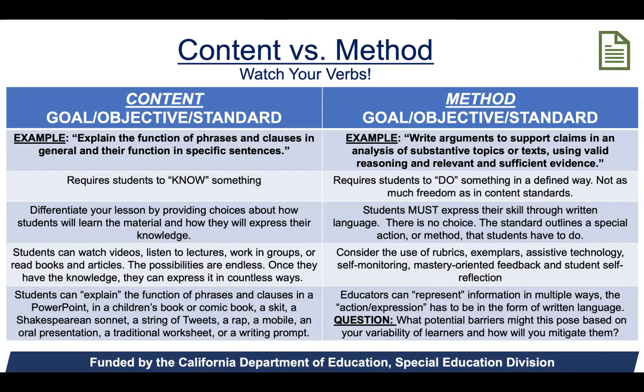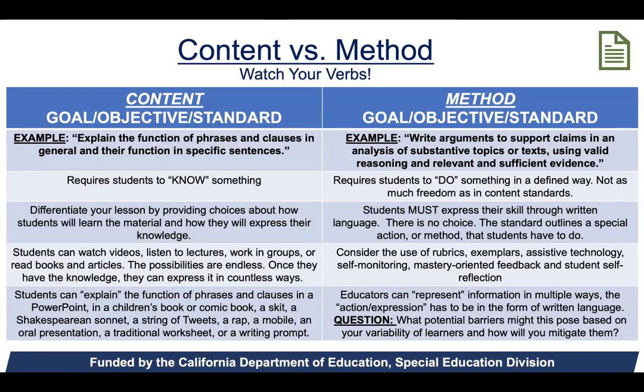So the question becomes, what potential barriers might this pose based on your variability of learners, and how will you mitigate them? On your processing guide, there's a space on page 2 for you to self-reflect on the differences between content standards and method standards.